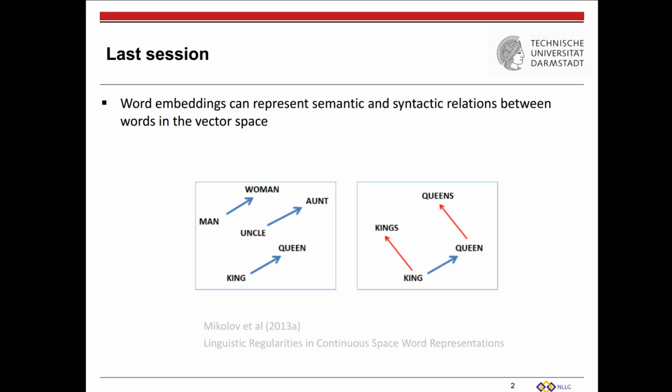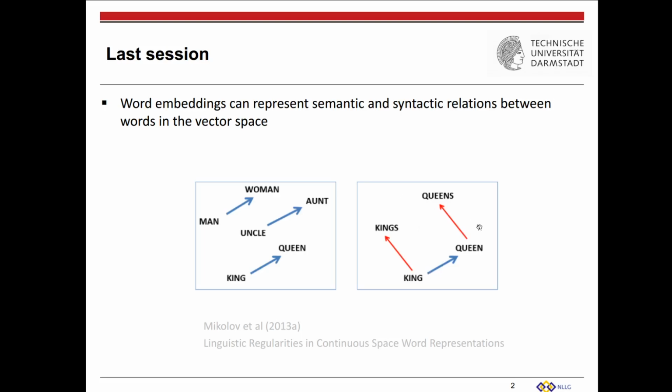So, what we have seen in the lecture before the last was that word embeddings can represent semantic and syntactic relations between words in a vector space. Here we see semantic analogy relations: man and woman are situated in such a way in the vector space that their difference is the same as the difference between uncle and aunt and king and queen.